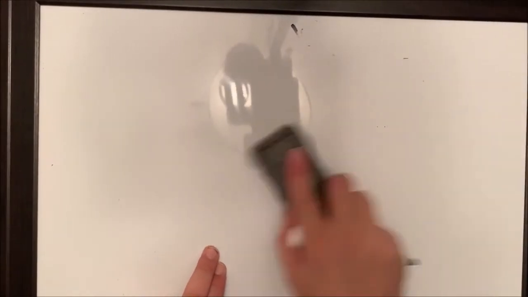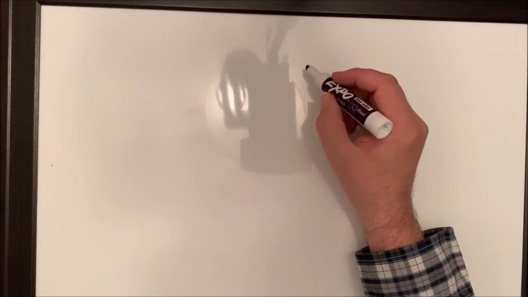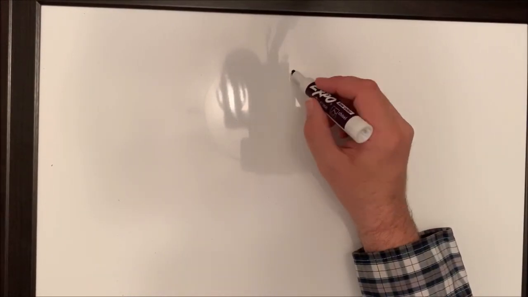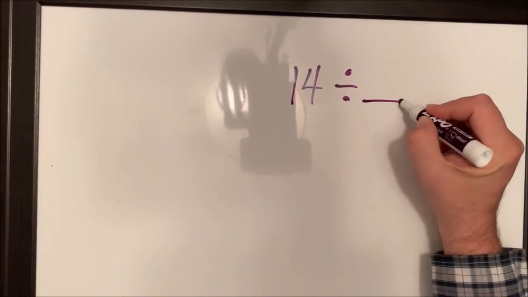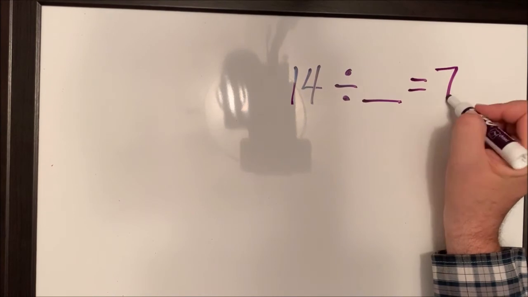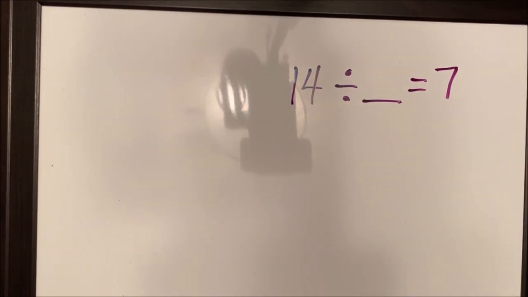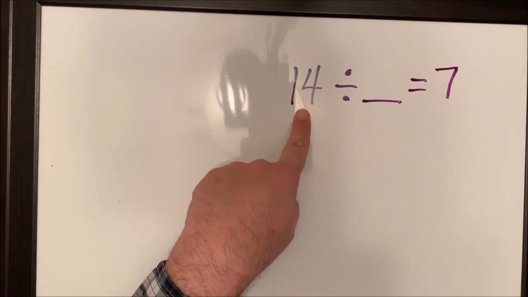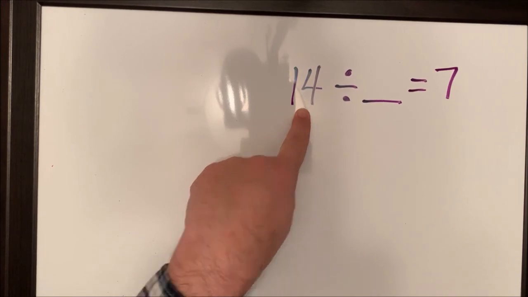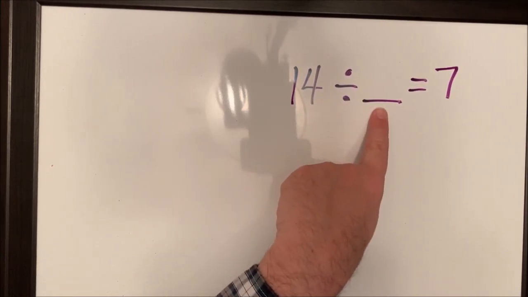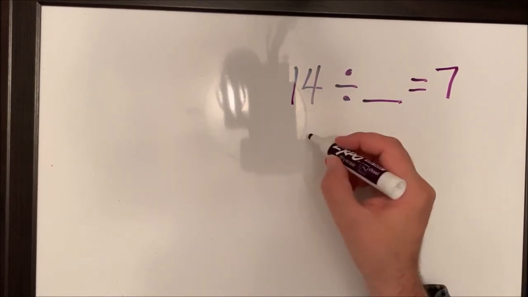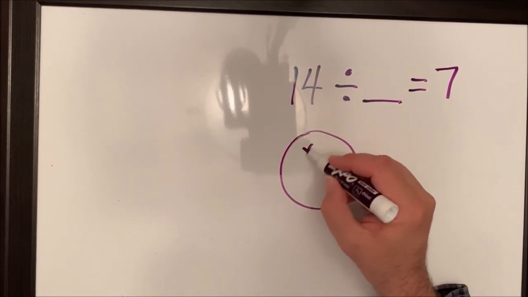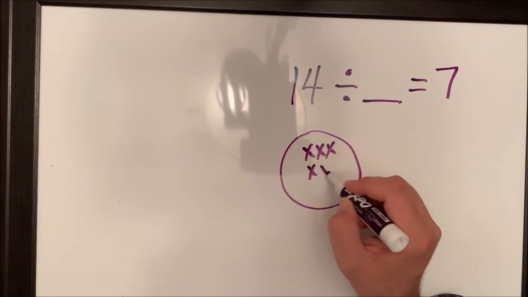Because I might give you a division problem and say, what's a good example? 14 divided into an unknown number of groups equals 7. Okay, so I have 14 apples altogether, divided into an unknown number of groups equals 7 apples in each group. So then I can just draw a group of 7.